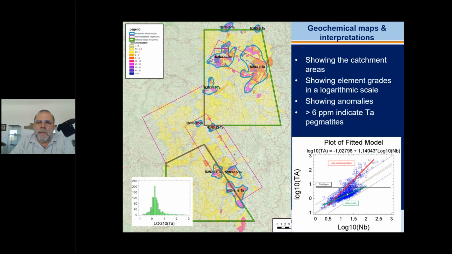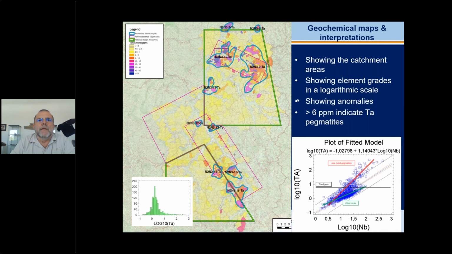So this ratio indicates normal rocks, and this indicates the pegmatites, and also a tantalum grade of more than 6 ppm in stream sediments indicates the presence of tantalum pegmatites. Those are experiences, but this is a geochemical consideration.